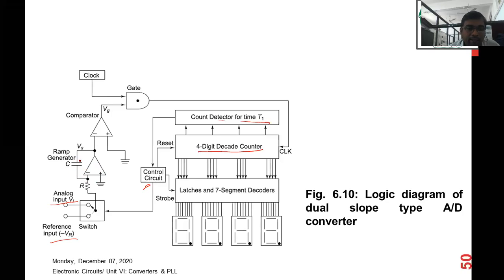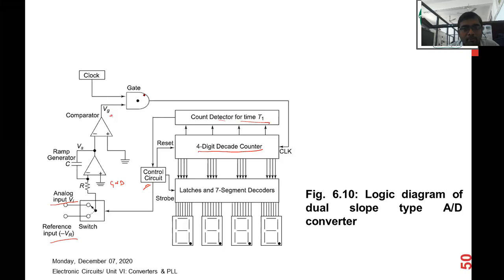Now this is the integrator structure, where you can see that C is the feedback capacitor, connected with R at the inverting terminal, and the non-inverting terminal is grounded. The output of this integrator is given to the comparator. The non-inverting terminal is grounded here, and the inverting terminal receives the output of the integrator, that is Vs, and the output of this comparator is Vg.